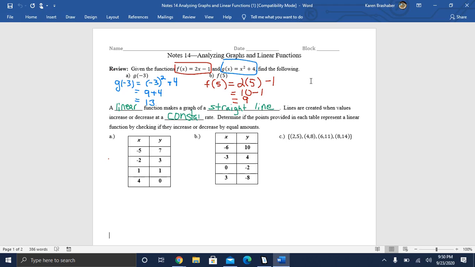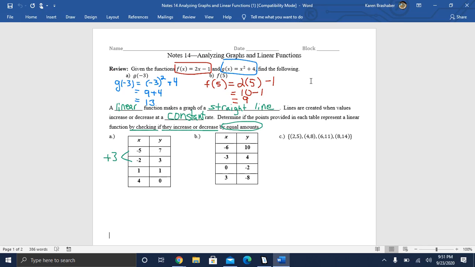And that's going to be important as we look at some data and try to determine whether or not we have a line. So what we'll do in these next 3 examples will be to check if they increase or decrease by equal amounts as we go from one row to the next for both the x and the y. So what we're looking at here, as we go from negative 5 to negative 2, we'll notice that that's an increase of 3.